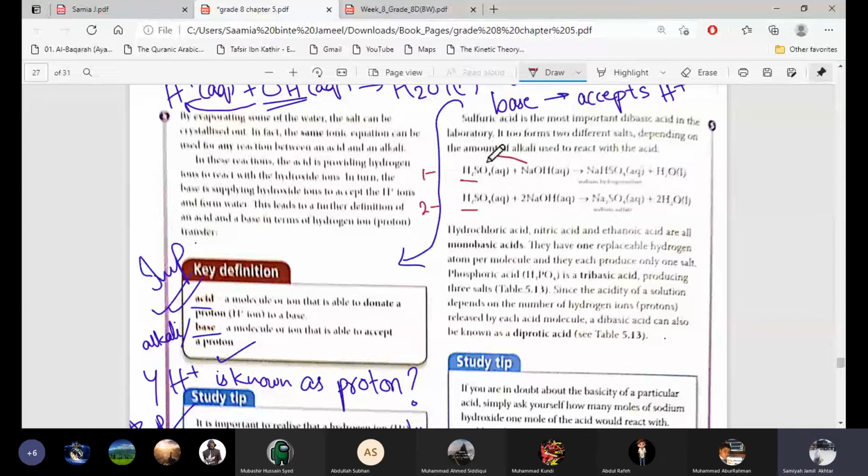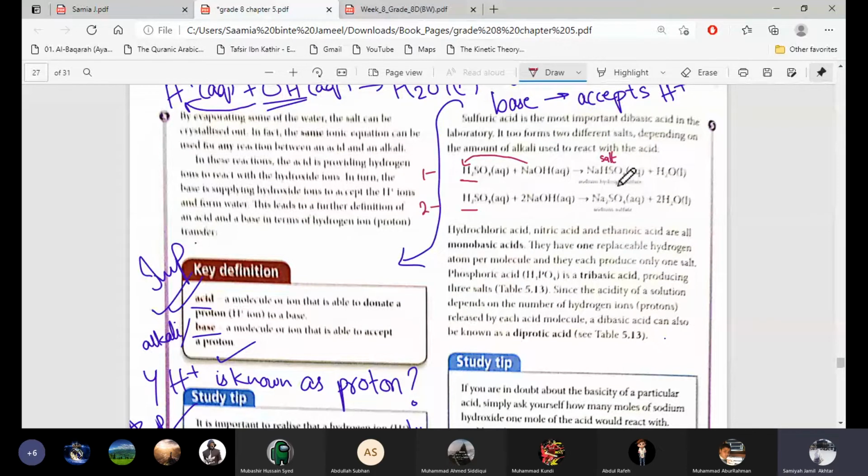If the sodium replaces only one hydrogen, then the salt which will be formed is sodium hydrogen sulfate. One hydrogen will remain here with SO4.